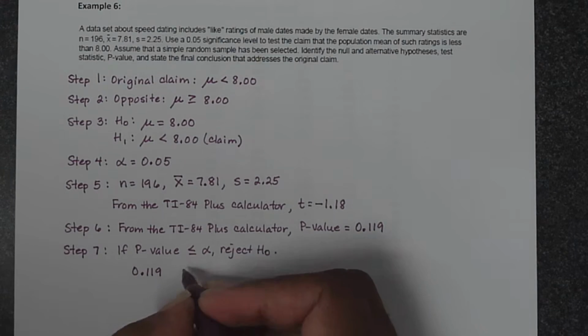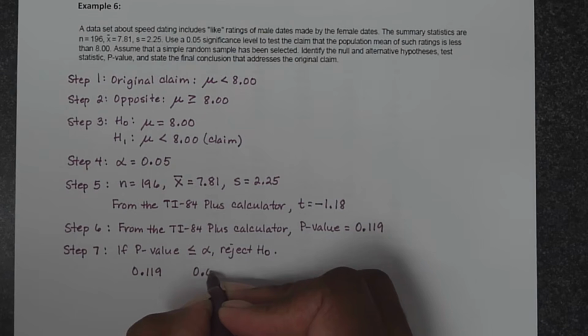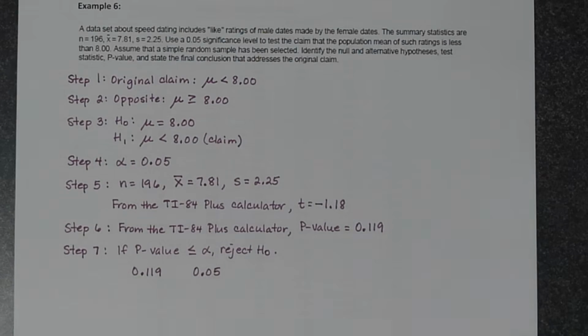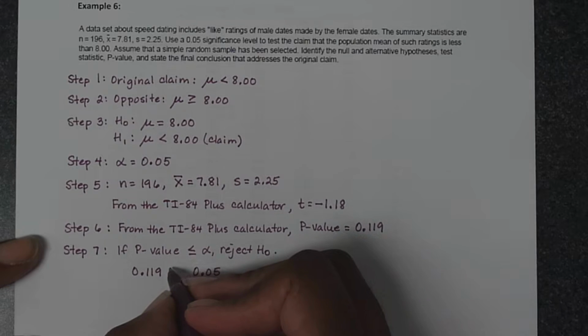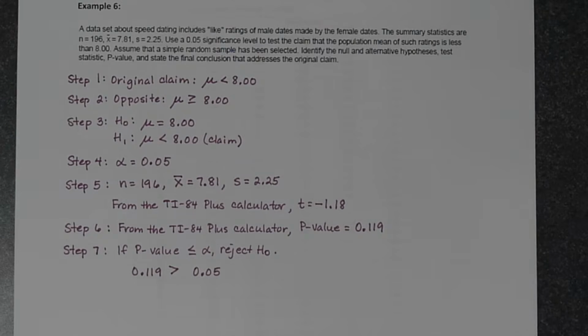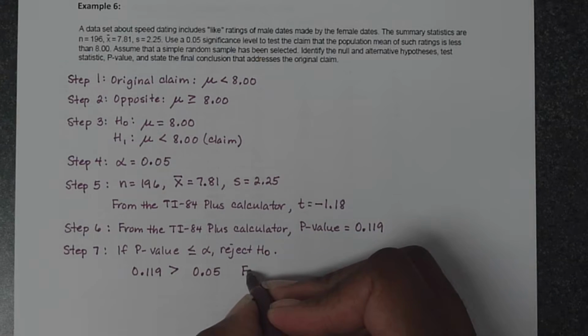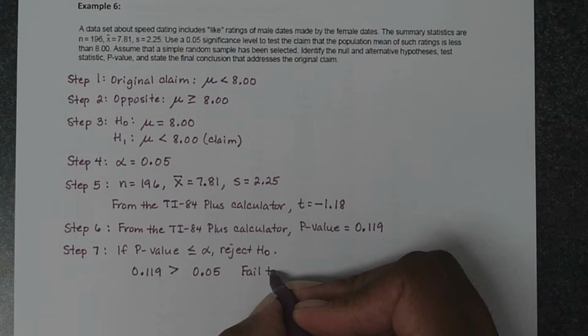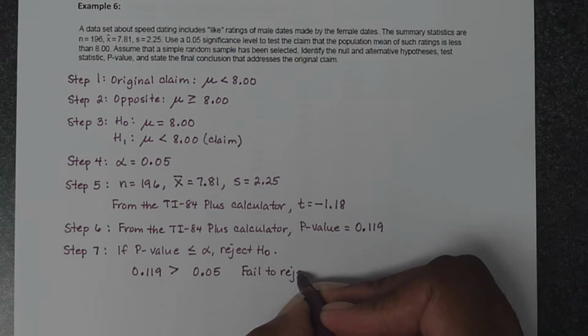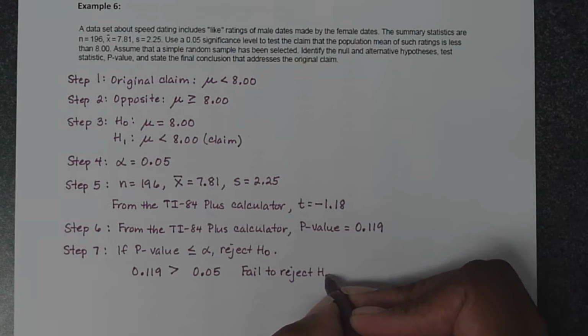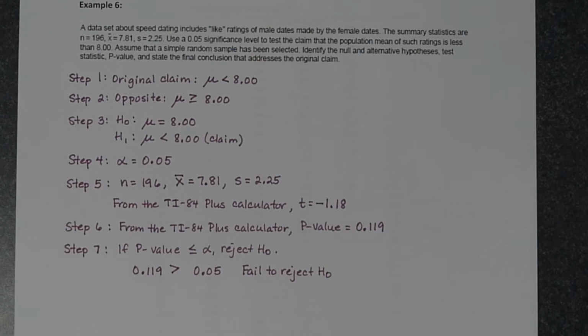So if we compare 0.119 with our level of significance of 0.05, you can see here that 0.119 is greater than 0.05. So this does not satisfy the decision rule, so that means we must fail to reject the null hypothesis.